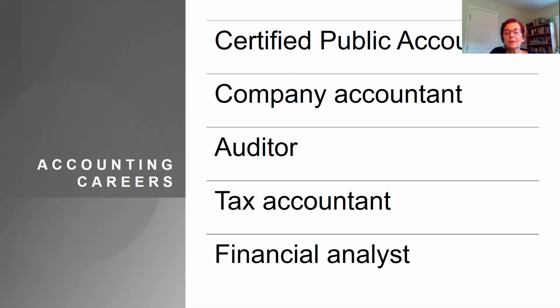Finally, financial analyst, you might be doing analysis work, and there's all kinds of different places you might be doing that. So those are just a few of the jobs that you can do with a degree in accounting. Within each one, there's a lot of different nuances depending on the size of the company you work for, just to give you an idea of the kinds of things that you might do. If you're interested, you can always go do some more reading about those positions.